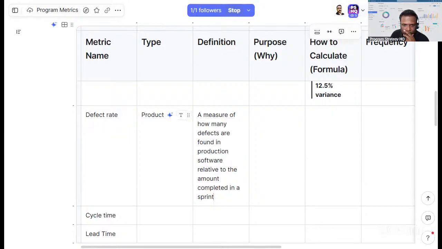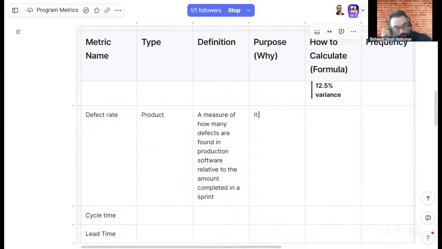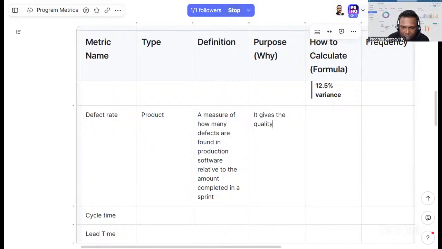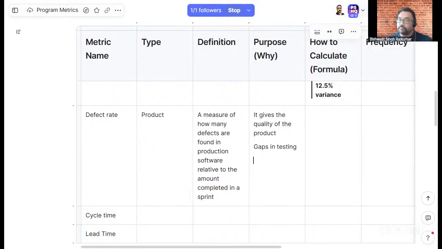It gives the quality of the product. There are many reasons, jot them down. Gaps in testing is one reason for the slippage.